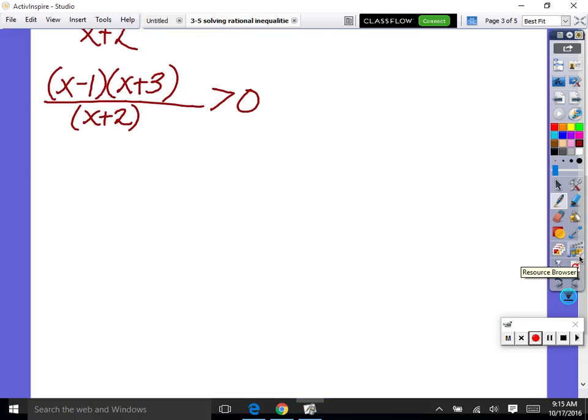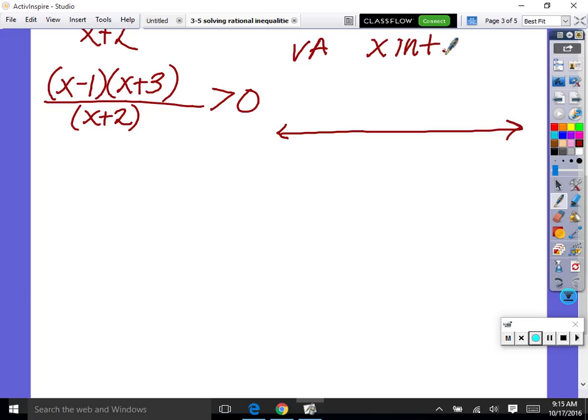So now we know we got to test our vertical asymptotes, and we got to test our x-intercepts. So x plus 2 doesn't cancel out with anything on top, doesn't simplify, so that's a vertical asymptote at x equals negative 2, correct, everybody? So that's going to be somewhere we're testing.